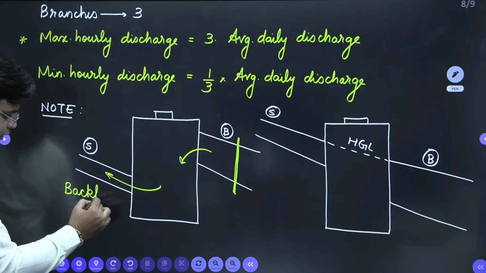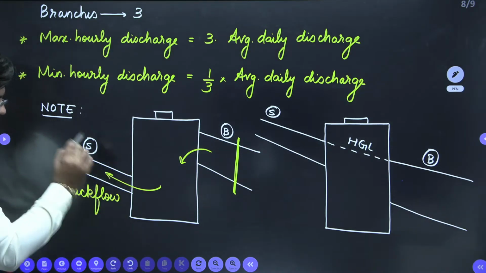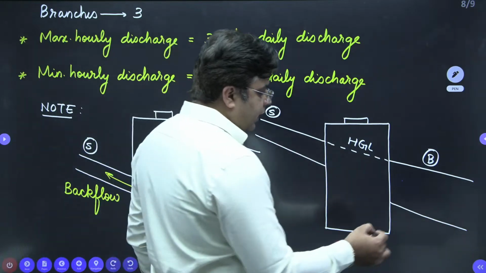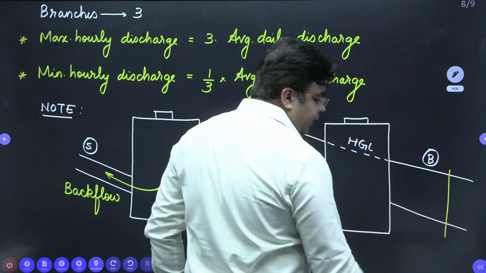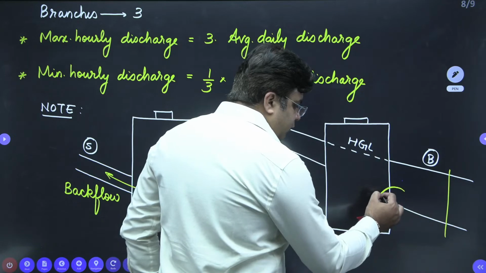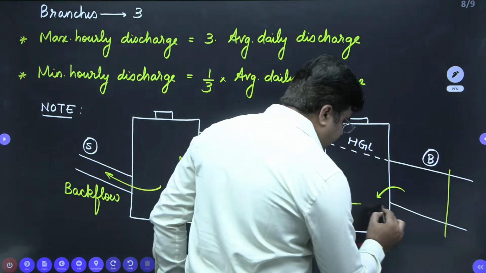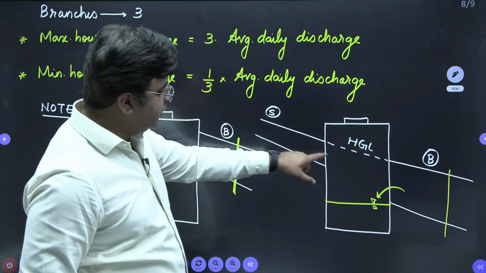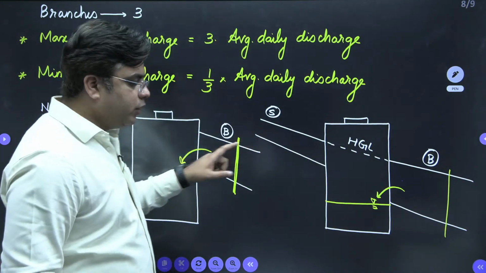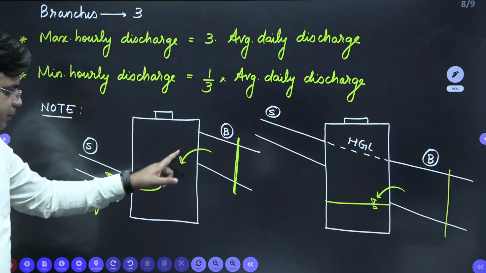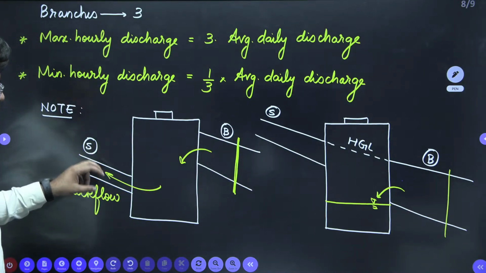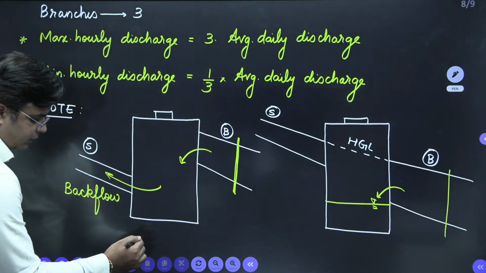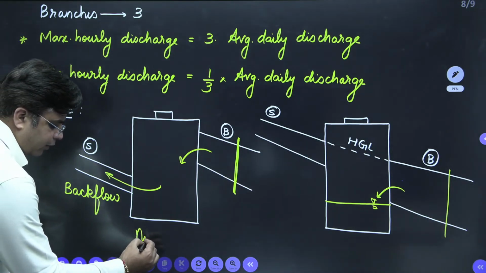But in this situation, even in the case of blockage of bigger sewer, the waste water will come back and it will stay here, right? It will not backflow into this small sewer. So in first case, since there is a possibility of backflow in small sewer, therefore this is not provided.